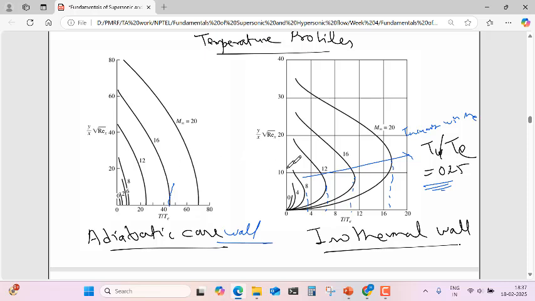In the case of the isothermal wall, at the edge of the boundary layer the temperature will be equal to the edge temperature, and due to the viscous dissipation, this temperature will increase inside the boundary layer and reach one maximum value. And due to the isothermal wall condition, this temperature will again become equal to the wall temperature.